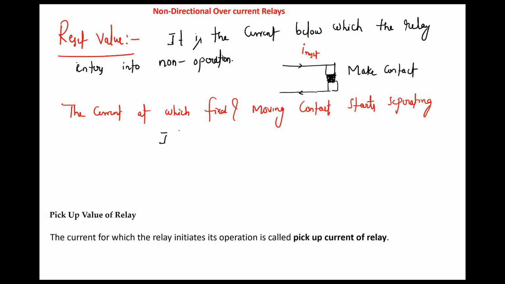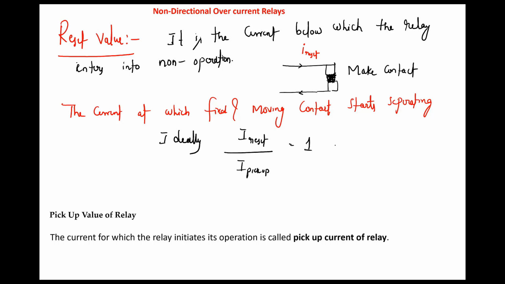So ideally, what should be the ratio? Ideally, the ratio of reset current to pickup current should be how much? 1. Ideally, but practically this is not possible because the system will have inertia. Suppose it makes a contact, then to break that contact, the current should fall below the pickup value.